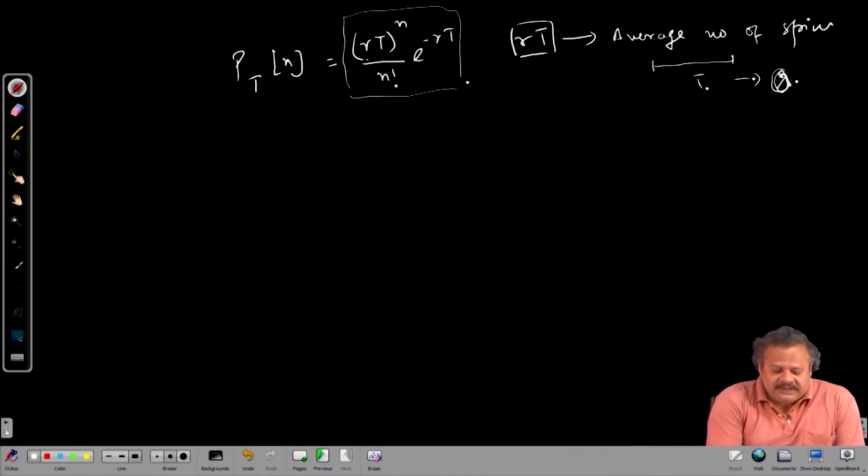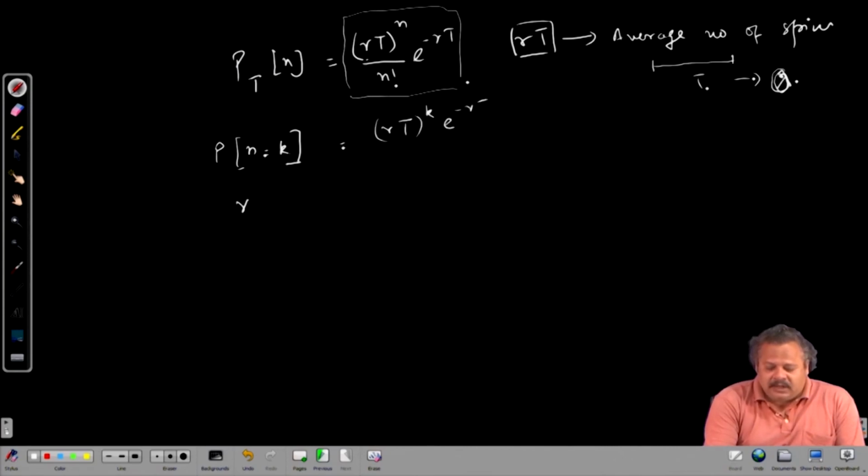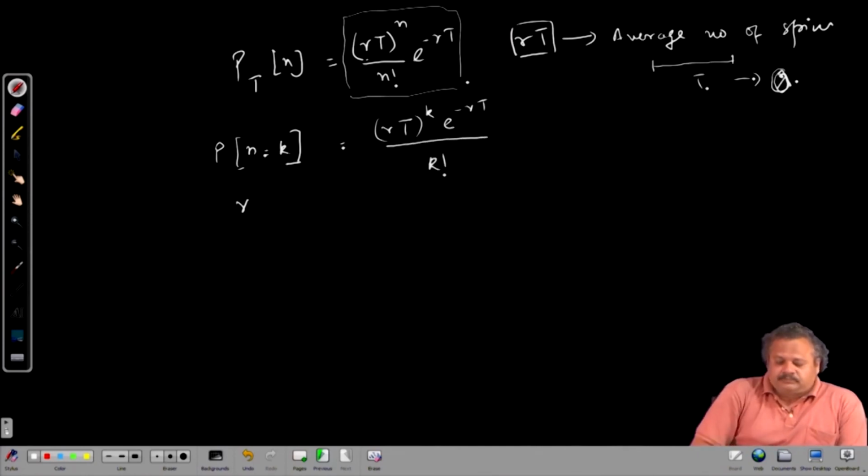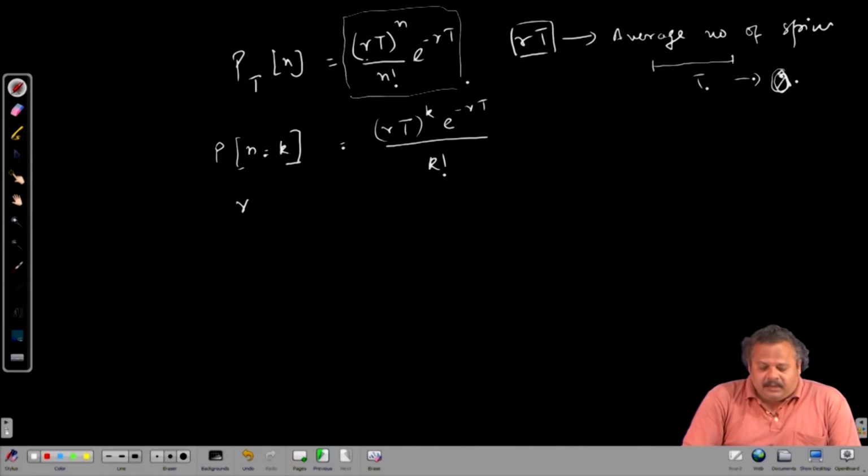So if we ask what is the probability of observing the number of spikes n equal to k in a particular time window, where the rate of spikes is fixed as r over that entire time window, then we say that it is rT to the power k, e to the power minus rT, by k factorial. In this case, rT is the mean spike count.